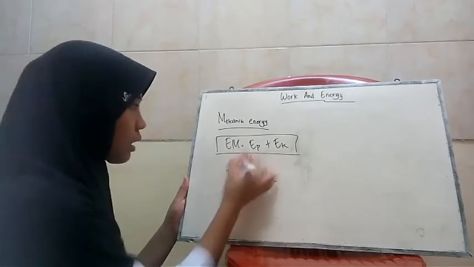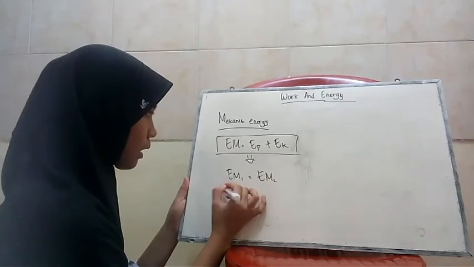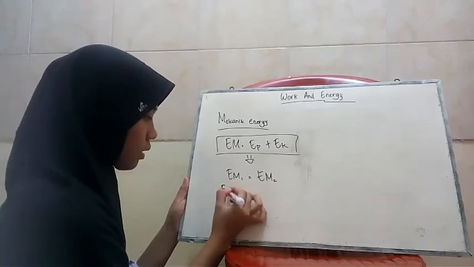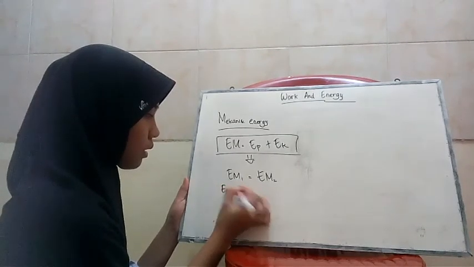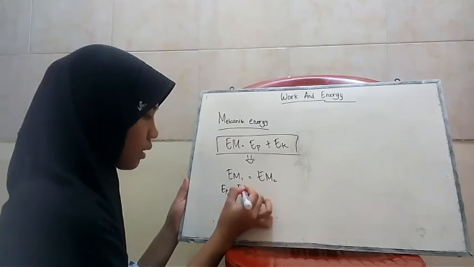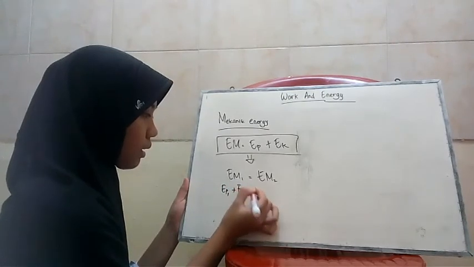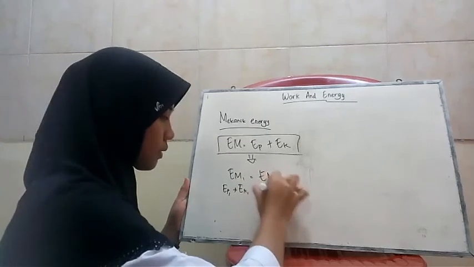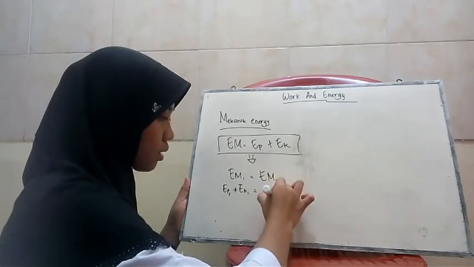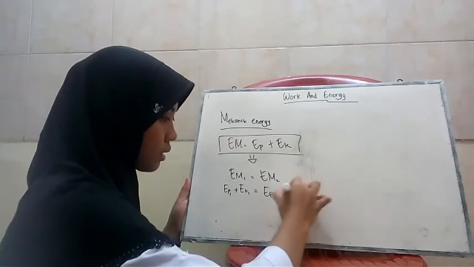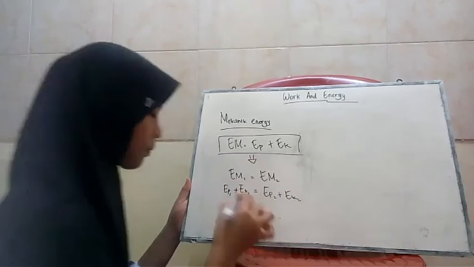So here, potential energy 1 plus kinetic energy 1 equals potential energy 2 plus kinetic energy 2.